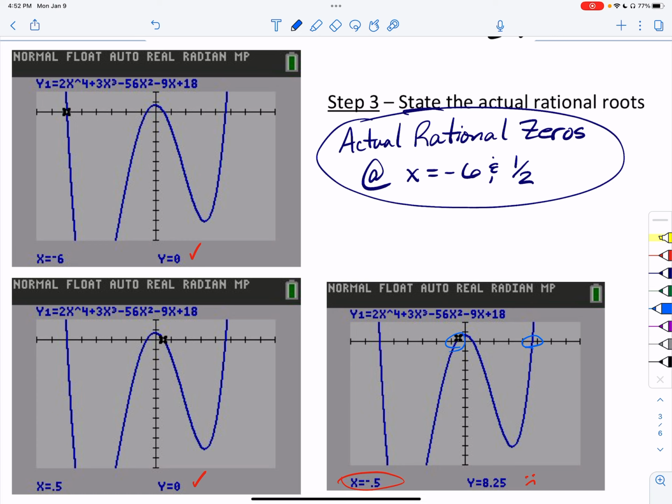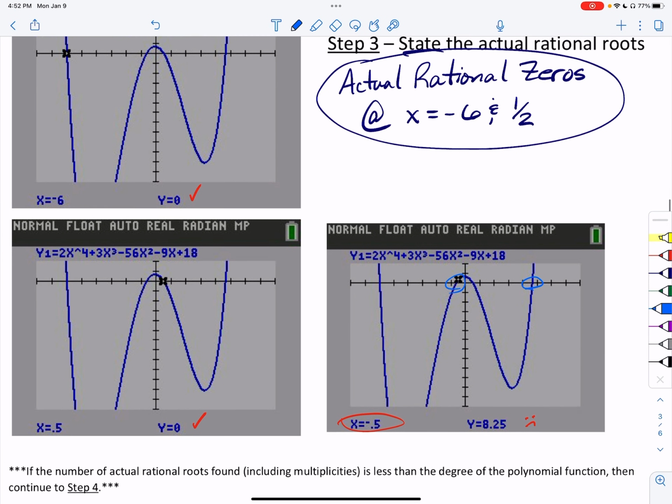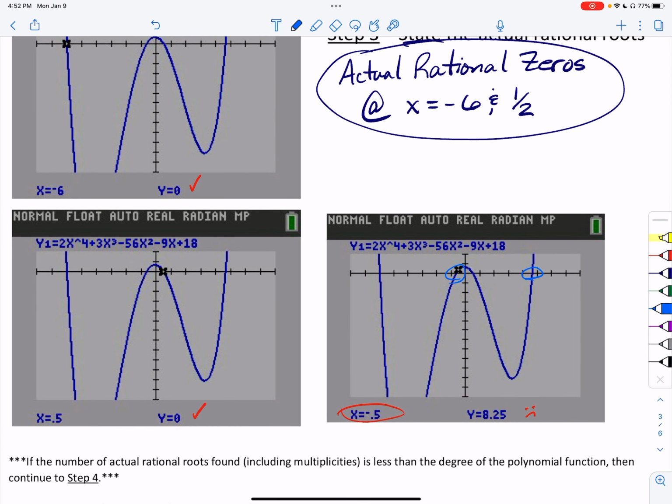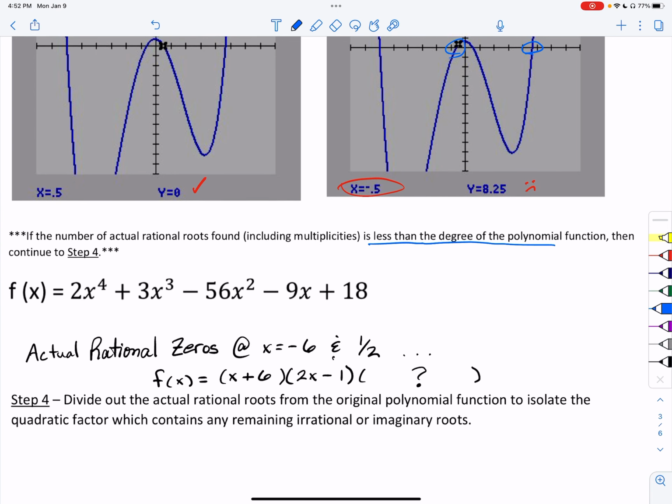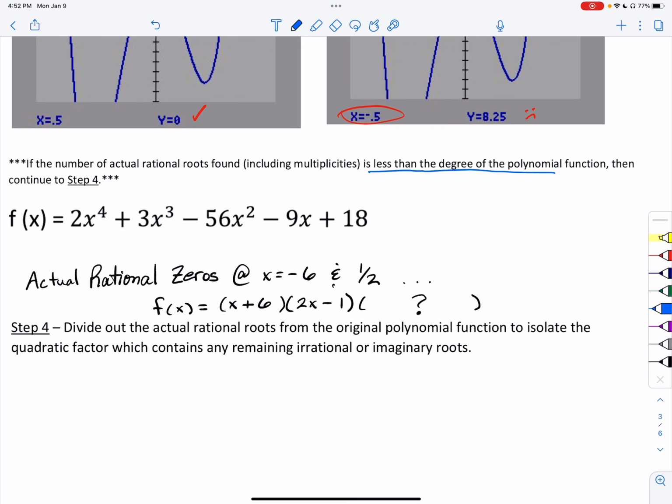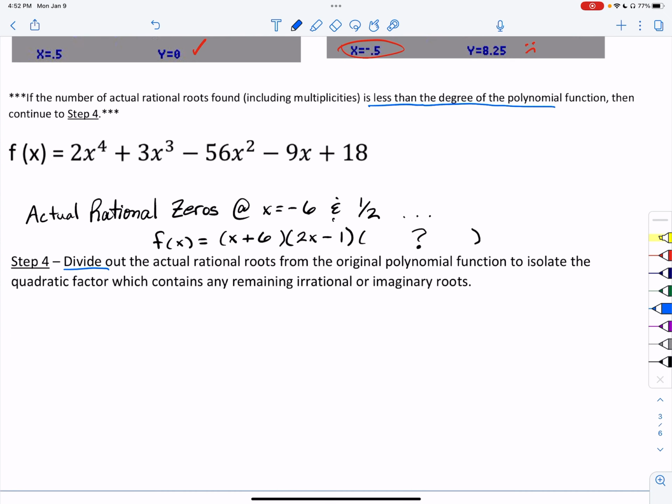So here's the process, and this is step 4. Now remember, since we have a 4th degree polynomial and we only found 2, which is less than the degree of the polynomial here, we only found 2 out of the 4 zeros, we need to do more. So what I'm going to do is divide these out. This is what our next step is, step 4, and then eventually solve for what we get after we divide.